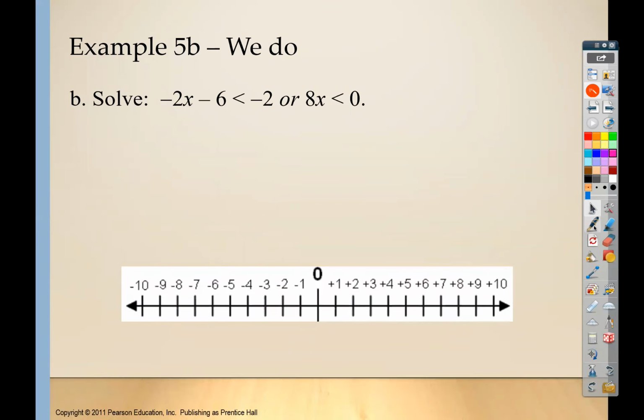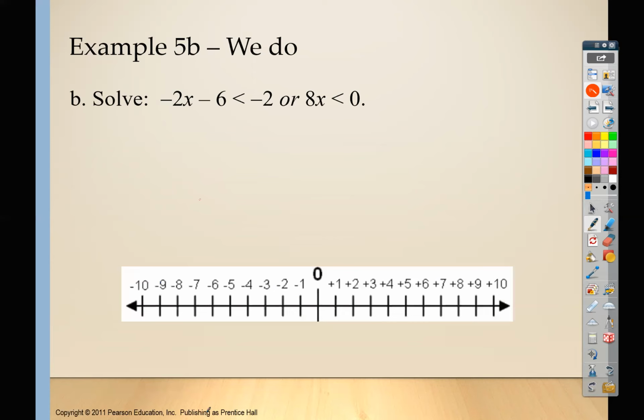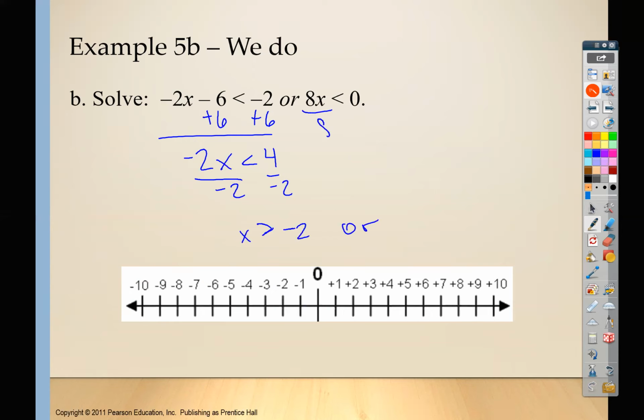Okay, so we're going to do this one together. So we're going to solve both inequalities, so add the 6. So -2x is less than 4. Divide by -2, which you know means flip the sign. x is greater than -2, or divide both sides by 8, x is less than 0. Okay, so x is less than 0.